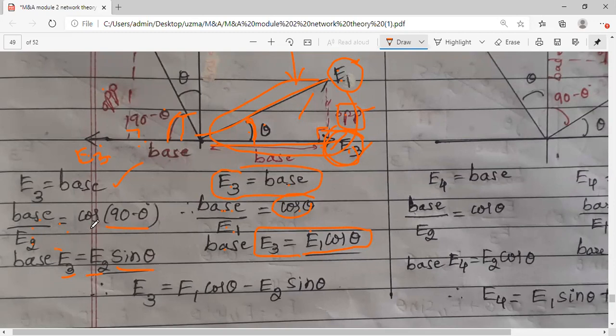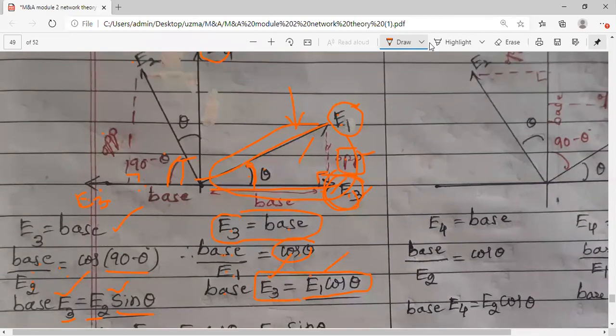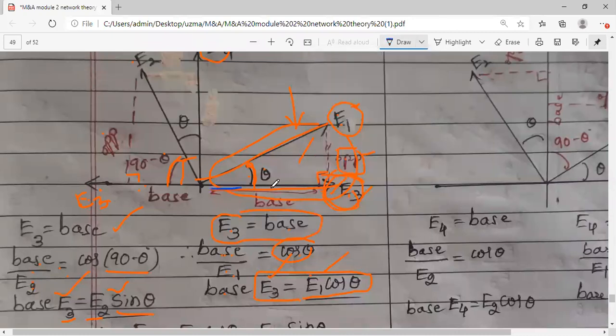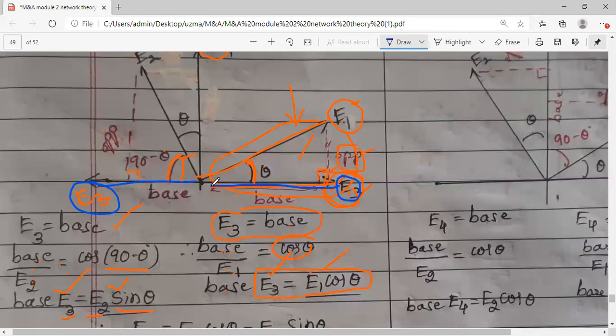So I have got two values of E3. One is E1 cos theta, one is E2 sin theta. As I told you here, observe the directions of those two bases. Check this direction, it is like this for E3. This is in the opposite direction of E3. Since the directions are opposite, what will I do?